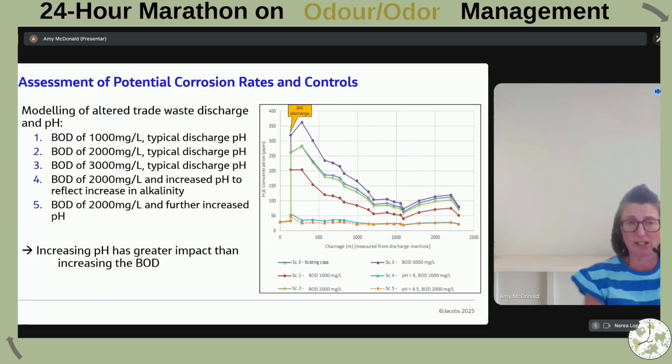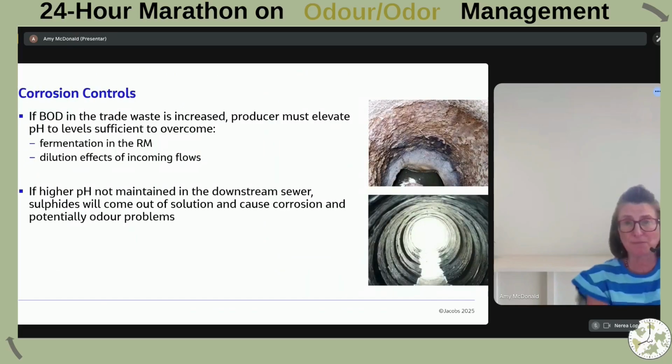So we concluded that increasing the pH had a greater impact on the corrosion and H2S levels downstream than increasing the BOD, which was good news. Our conclusions were, if the BOD in the trade waste was increased, then the producer must also elevate the pH levels sufficient to overcome the fermentation in the rising main and the dilution effects of incoming flows.